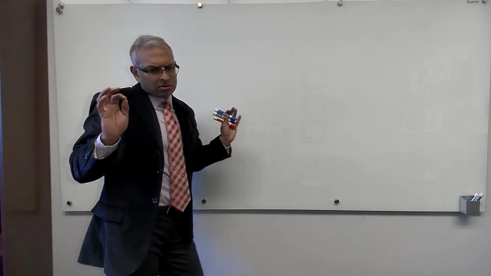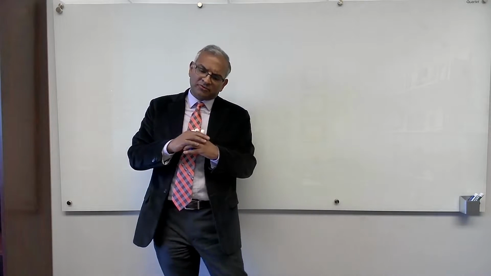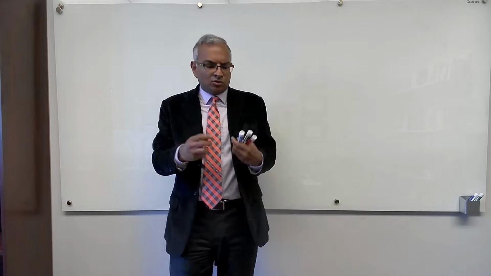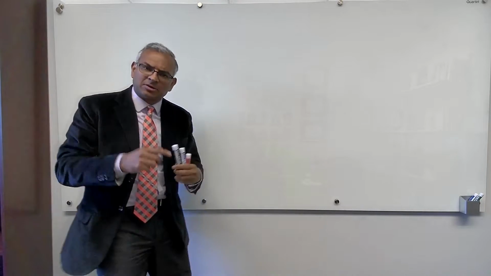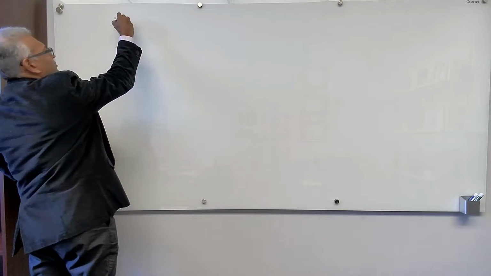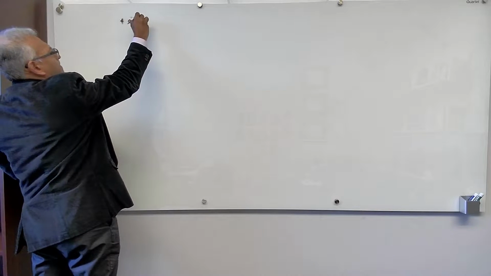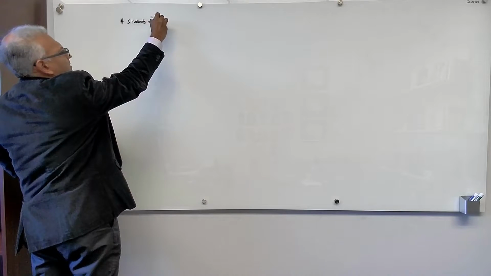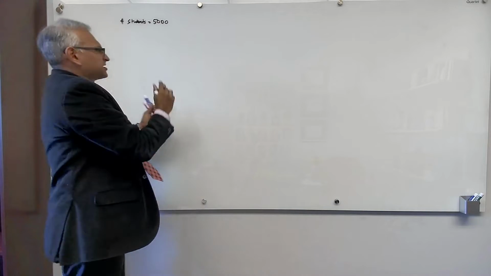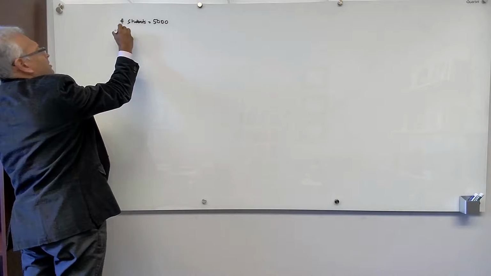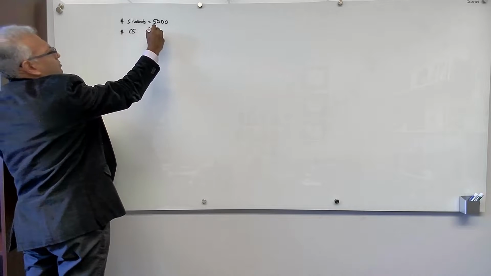Okay, so let's do a concrete quantitative example of how a probability changes when you get new information. Think of a school, for example RPI, and let's say the number of students is equal to 5,000. And CS, being the biggest major, has 1,000 of these students. So the number for CS is equal to 1,000.